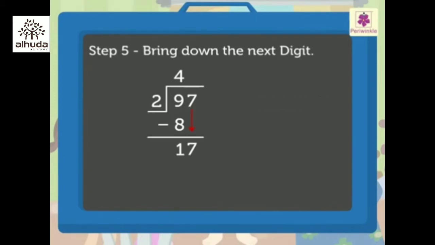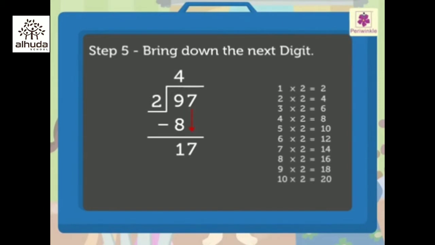So, here we again compare 17 and 2. Here, 17 is greater than 2. So, we can divide 17 by 2. Here, we use the table of 2's such that the product is less than or equal to and nearest to 17.